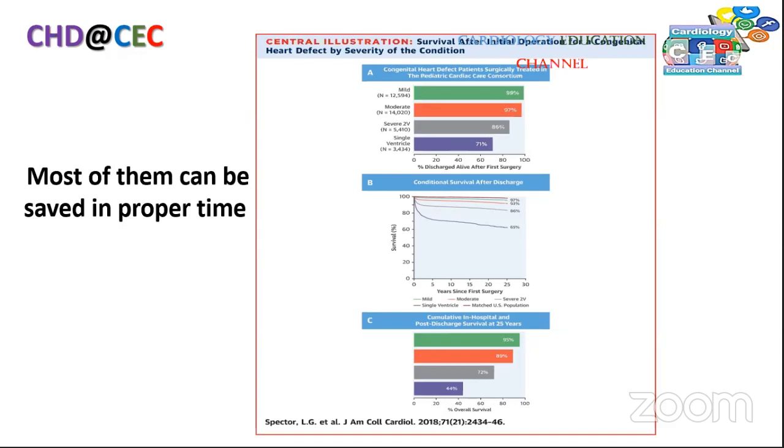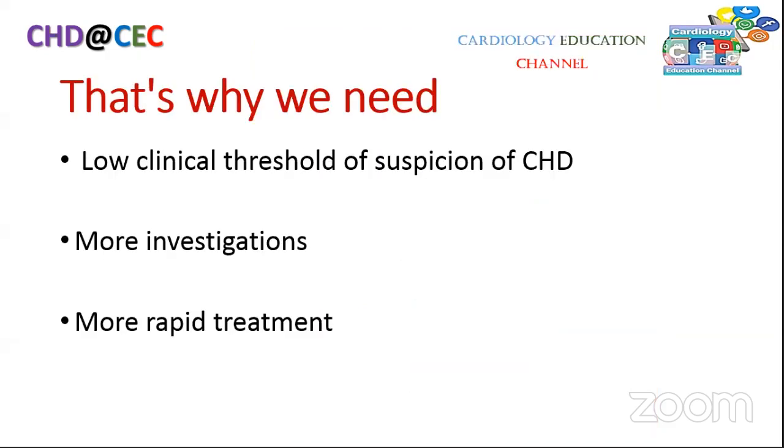So we have to screen these patients thoroughly in order to give them a chance to survive more. That's why we need a low clinical threshold of suspicion of congenital heart disease, more investigations, and more rapid treatment.